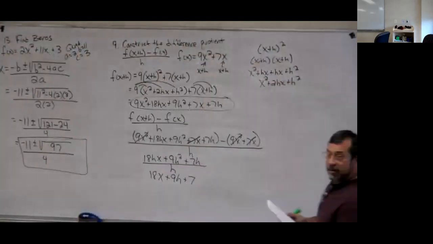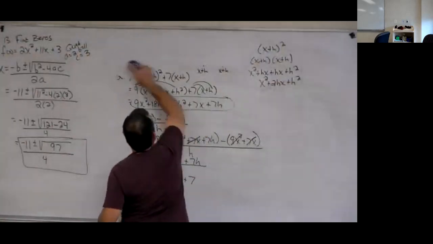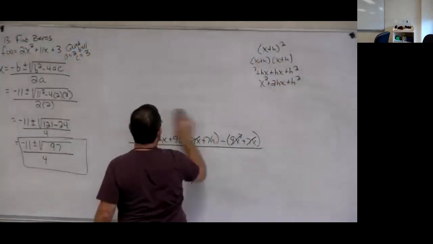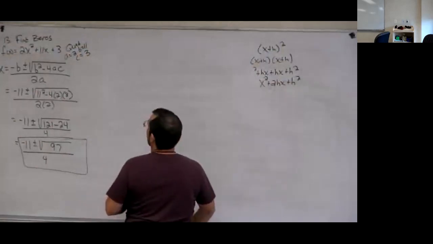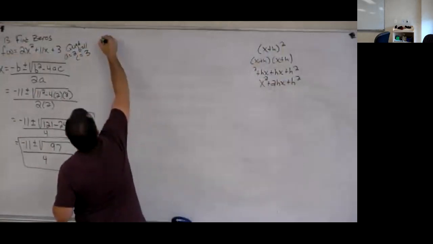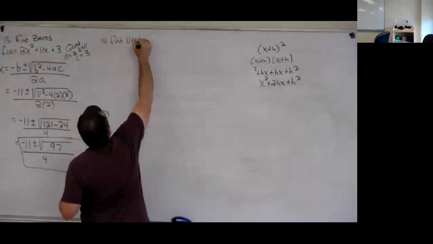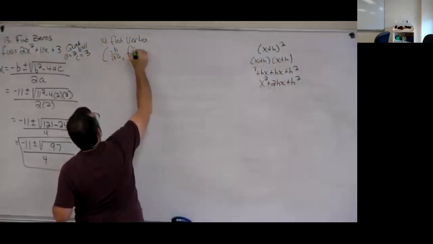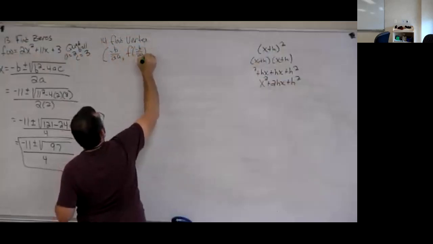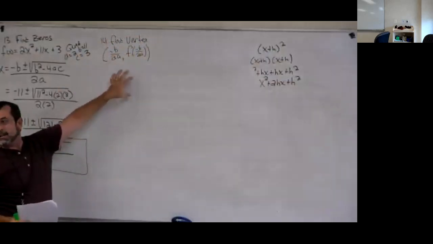All right, next one, find the vertex. So the vertex formula, negative b over 2a, f of negative b over 2a. So find what negative b over 2a is, put it into the function and get the y value, okay?